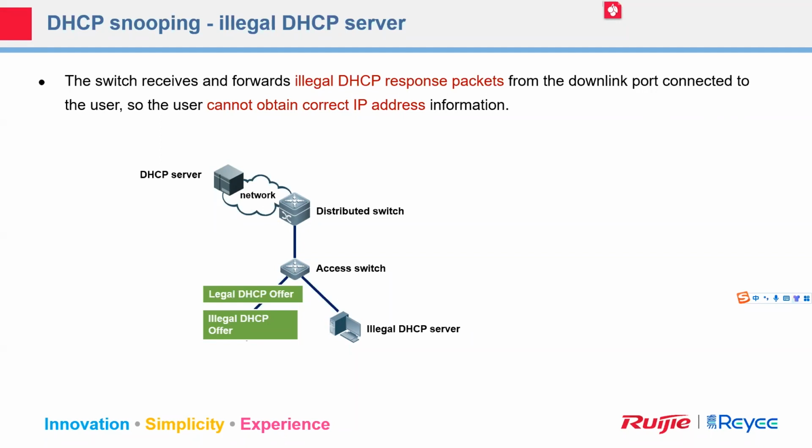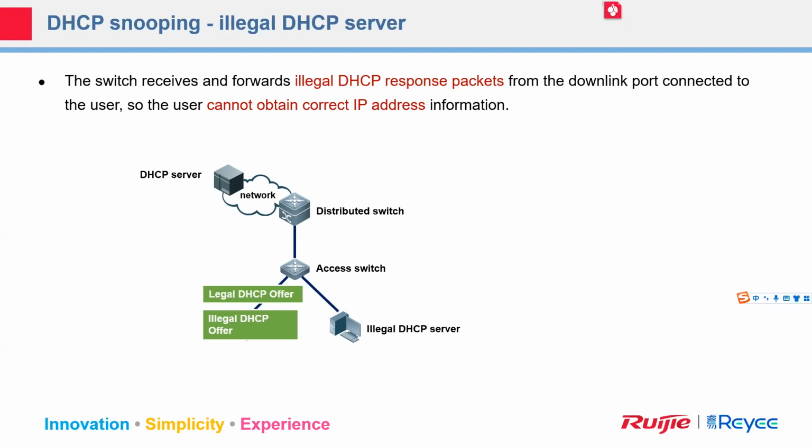Actually, we know the legal one is better, right? Because the legal DHCP server will give you the correct information. But the PC doesn't know what illegal or legal means. Someone can give me an IP address, I will receive it and get the internet. So the PC doesn't know.